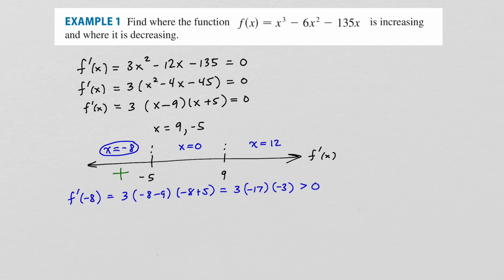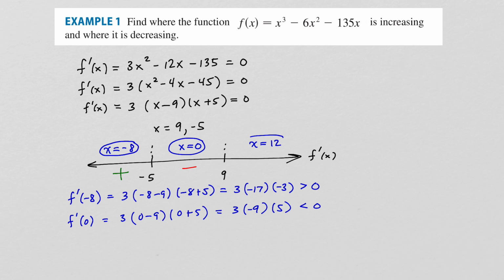Now I do the same thing with my next test number, which is x equals 0. So f prime of 0 will be 3 times 0 minus 9 times 0 plus 5, which is 3 times negative 9 times 5. And this is clearly negative because when you multiply 3 numbers, if one of those numbers is negative, it gives a negative result.